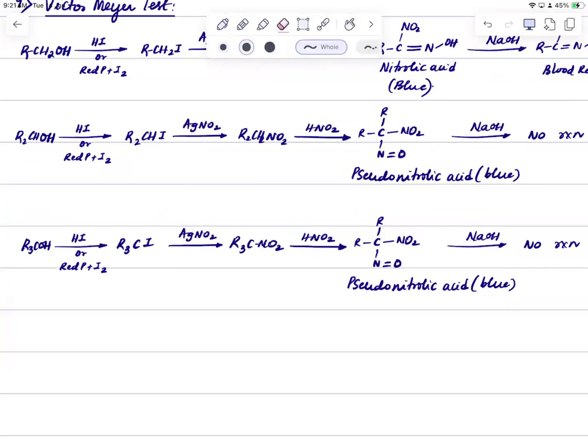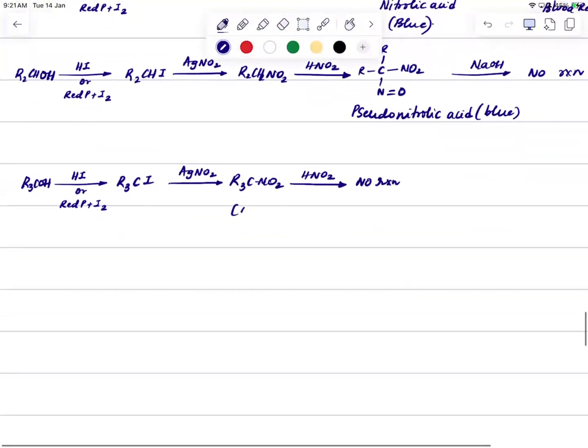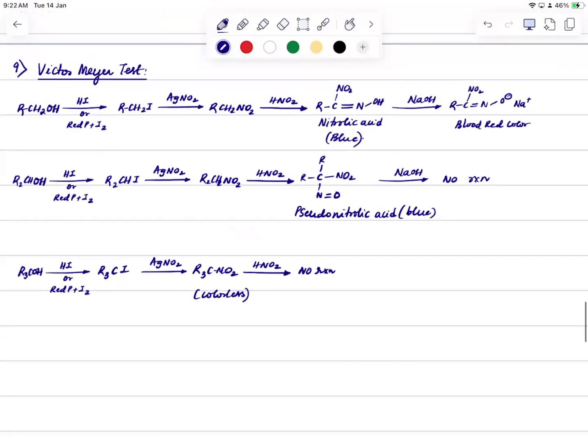After that, from here there is no reaction. So further you will not see any reaction happening. No reaction, and this will remain colorless. This nitro is colorless. So that is why it is an RBC test, red blood cells. I want you to remember it this way. So this one is red color, correct?